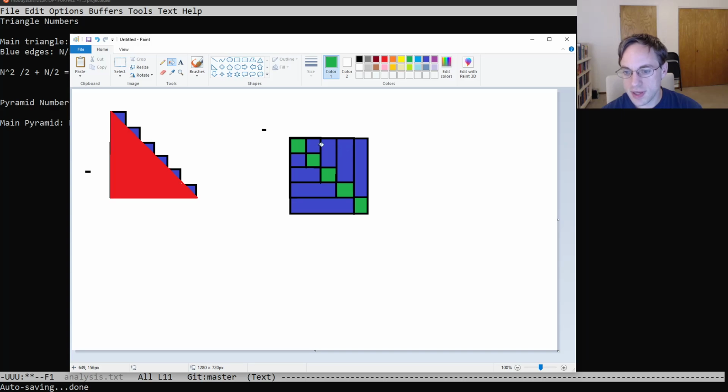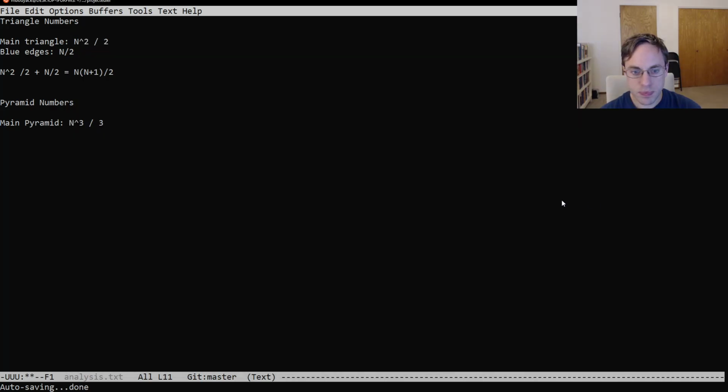The one caveat is that we're actually starting at 0 rather than starting at 1, and we're ending at n minus 1 rather than counting all the way up to n. And so that changes our equation for that slightly. But let's see, if we add, say, blue edges, that's just going to be n times n minus 1 over 2.